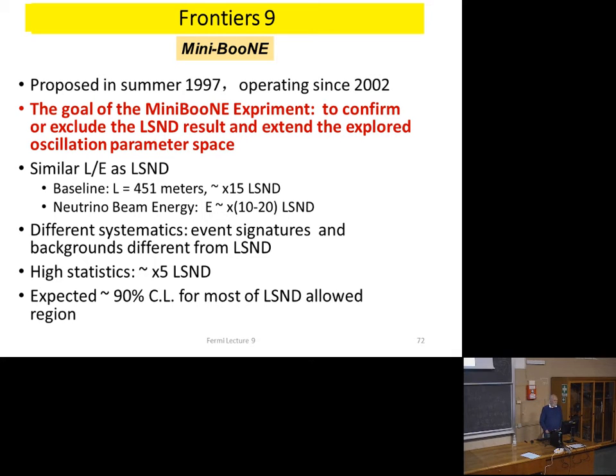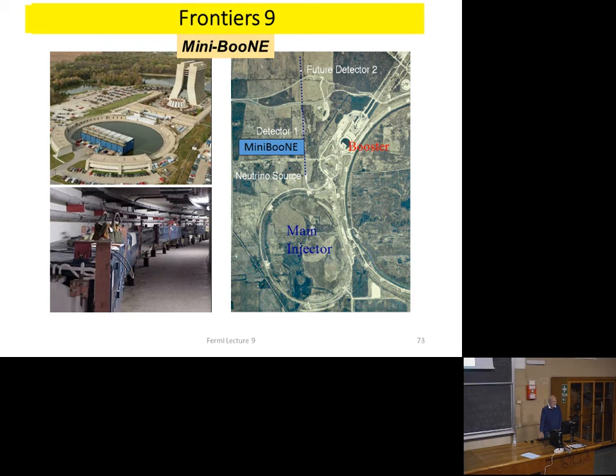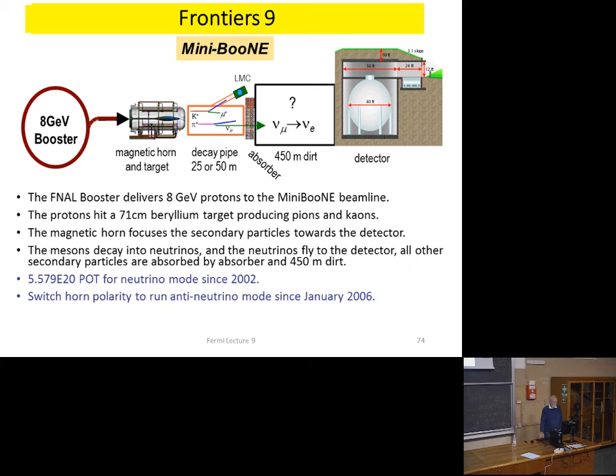Much better statistics, better data, a higher energy and more powerful accelerator. And they expected to be able to either prove or disprove it at something like 90% confidence level. This is just pictures of it at Fermilab, which I'll skip. This is a picture of the experiment itself.